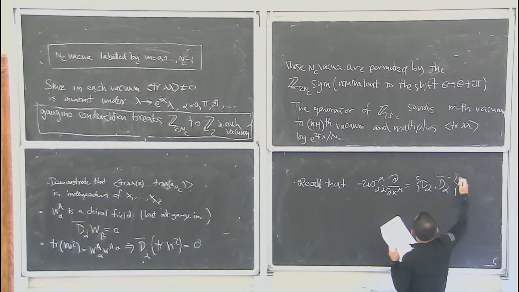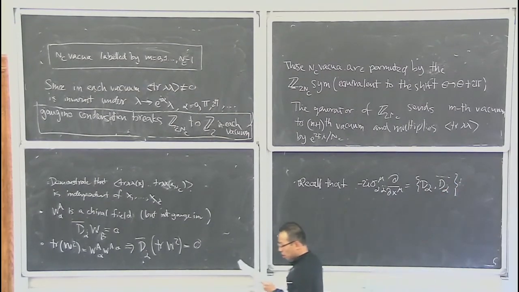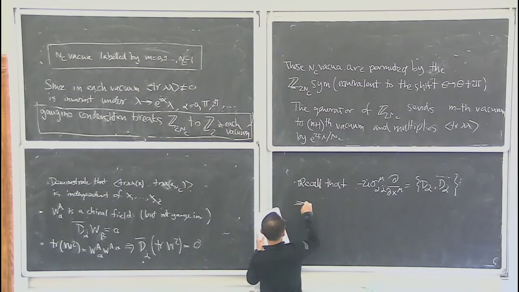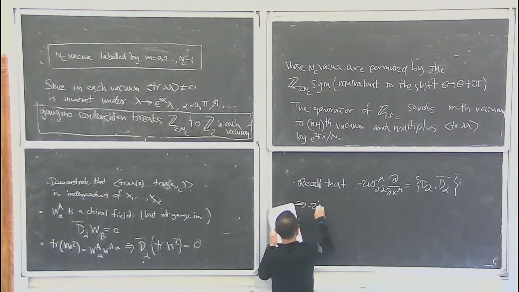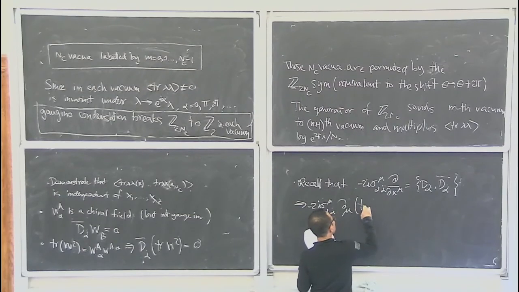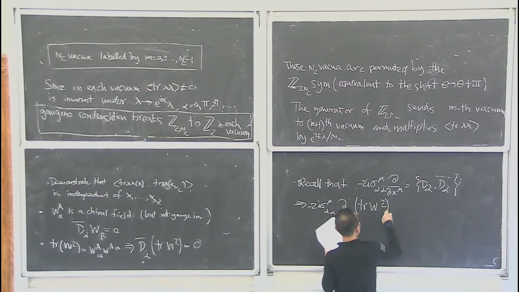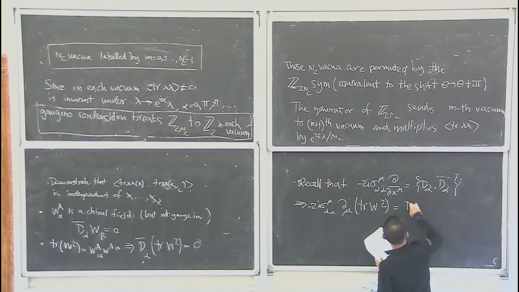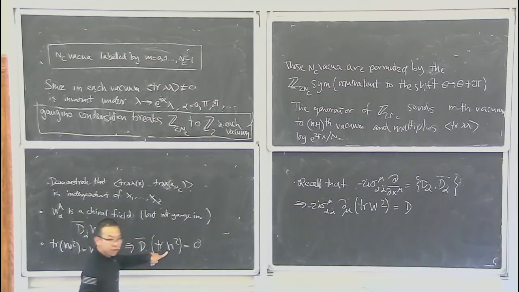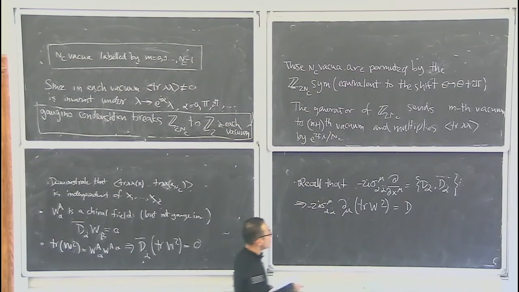Okay? So you will conclude that minus 2i sigma mu alpha alpha dot d mu of trace W square is equal to, because of this commutator, whenever D bar hits trace W is 0. So you have this.